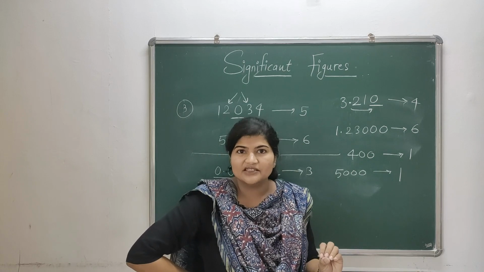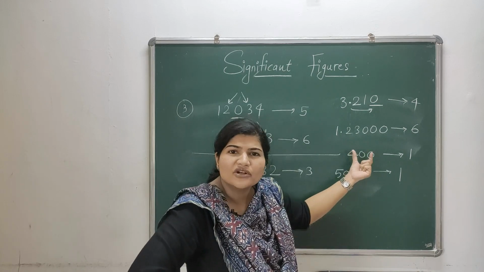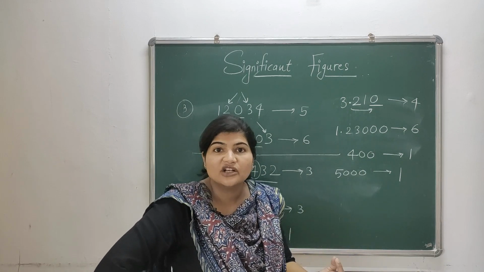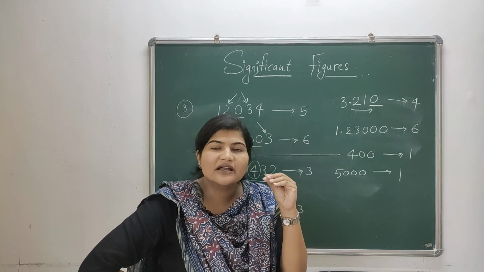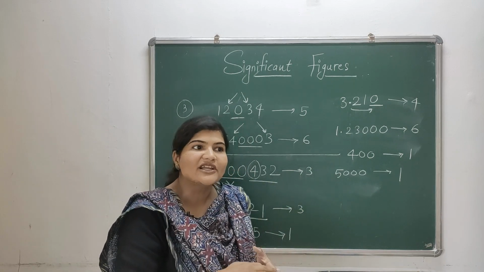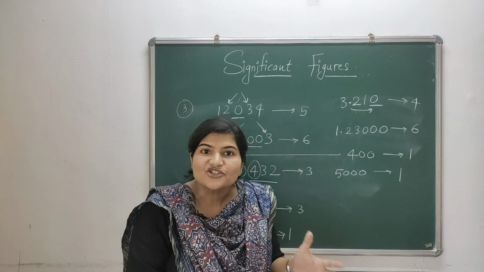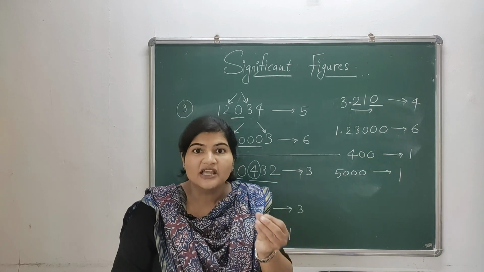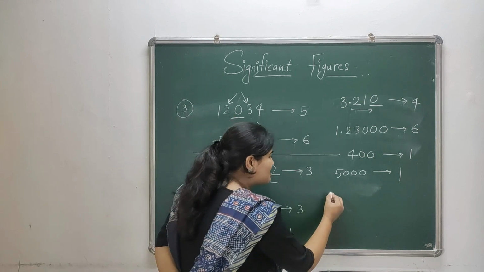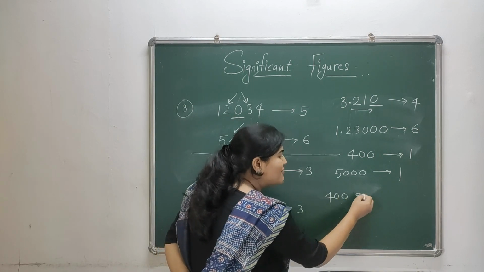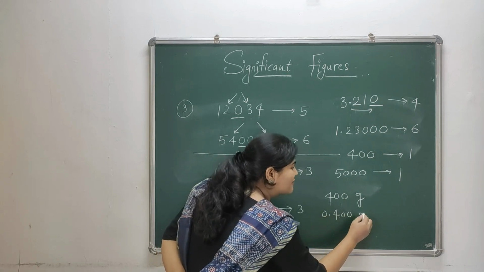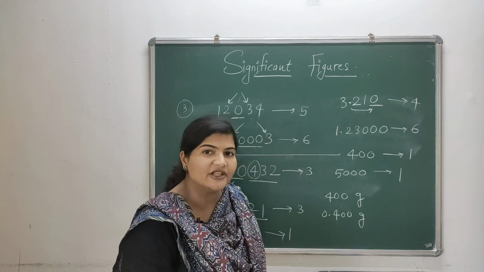The reason is that these values, 400, 5000, are measured on an instrument having a least count of 1 gram. When we are talking about least counts, the instruments have a least count which is always expressed in decimal points. I'll tell you one example. Suppose I am having 400 gram of sample and I am having 0.400 gram of sample measured on 2 particular instruments.